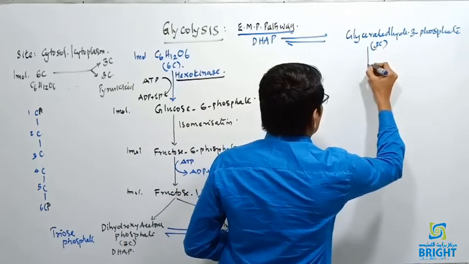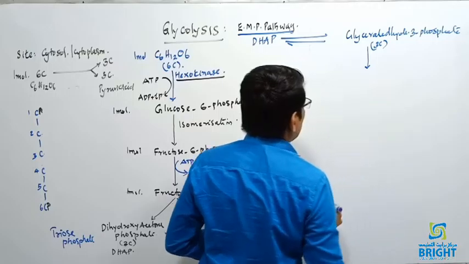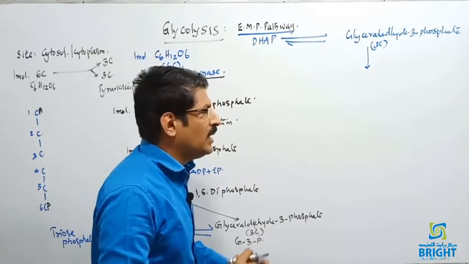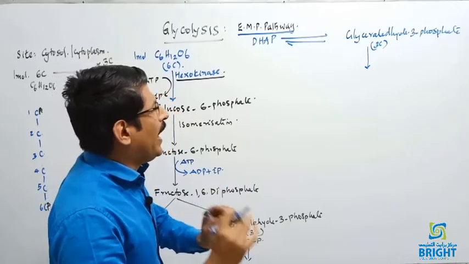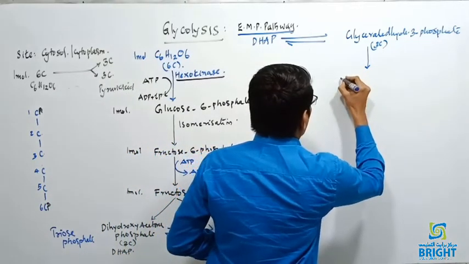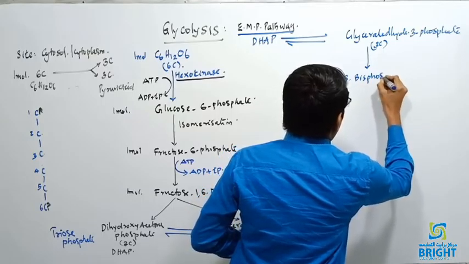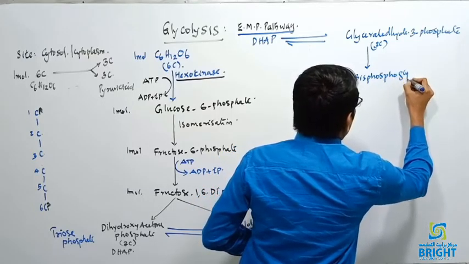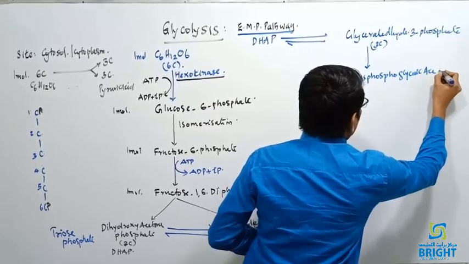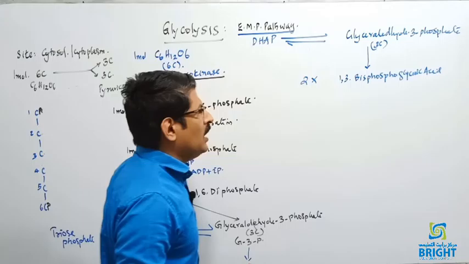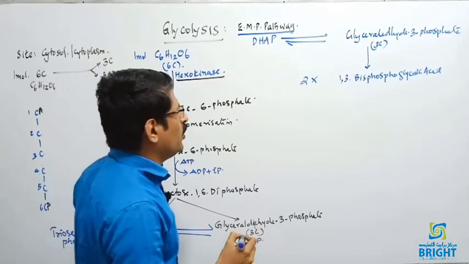In the next stage, glyceraldehyde 3-phosphate undergoes a partial oxidation, that is the removal of hydrogen, and 2 molecules of 1,3-bisphosphoglyceric acid are produced.